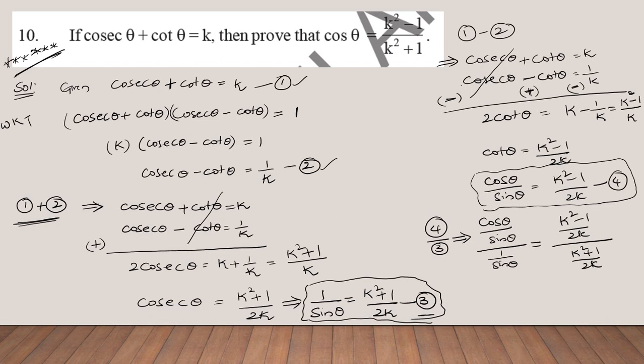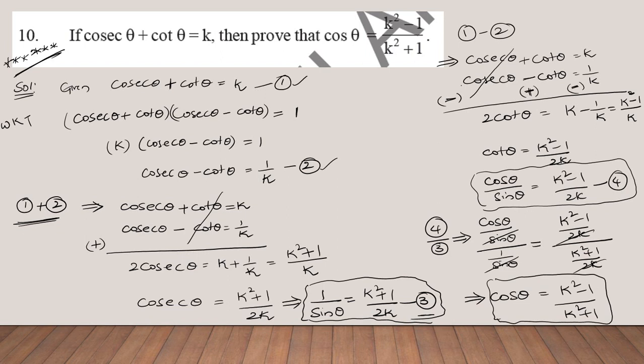So here the left hand side will be divided by the left hand side and the right hand side by the right hand side. Here the denominators sin theta are the same, and here the denominators 2k and 2k are the same, so we can directly cancel them out. Then finally I am going to get cos theta is equal to k square minus 1 by k square plus 1. So this is nothing but what he has asked you to prove, right?